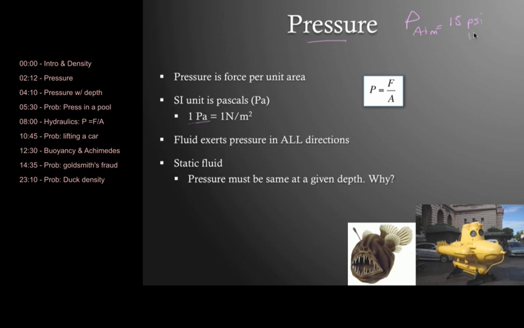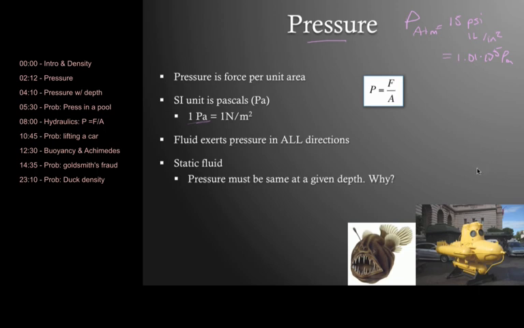So this is pounds per square inch. And then this is also equal to 1.01 times 10 to the 5th pascals, or Newtons per meter squared. So you need quite a few pascals to make it to atmospheric pressure. So this is a very small unit.